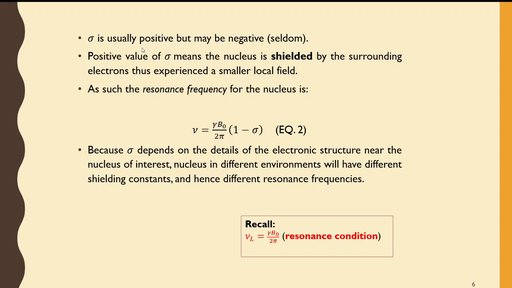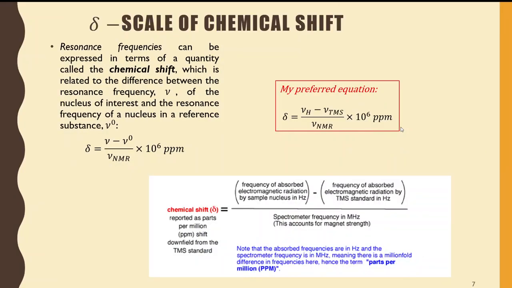It depends on the value of this shielding factor, and because of that, the resonance frequency is also going to be affected by the shielding factor. This is the gist of today's lecture, really.